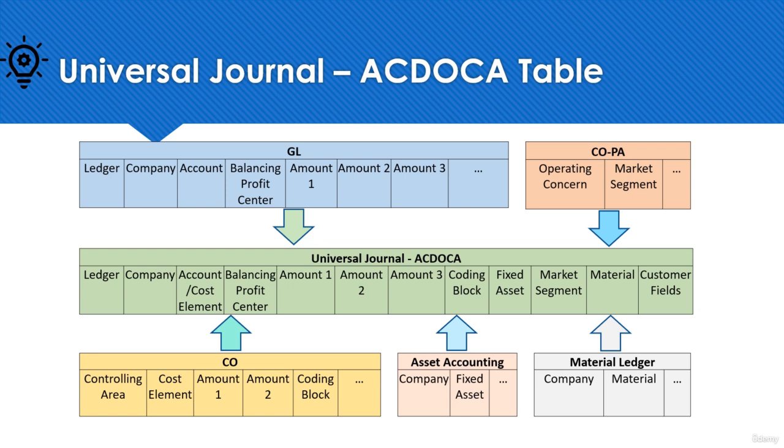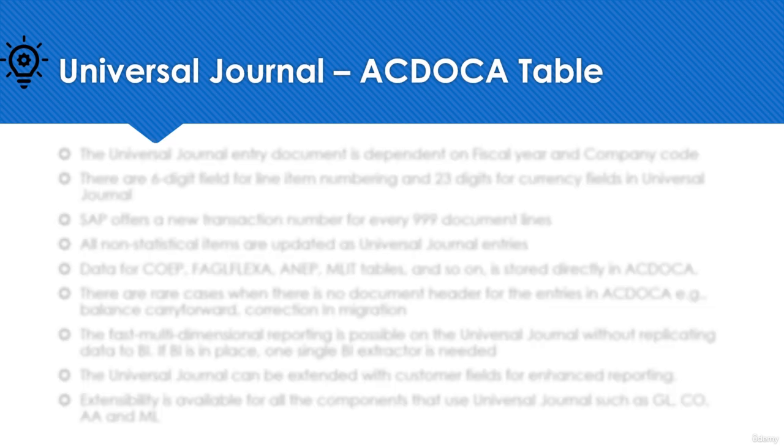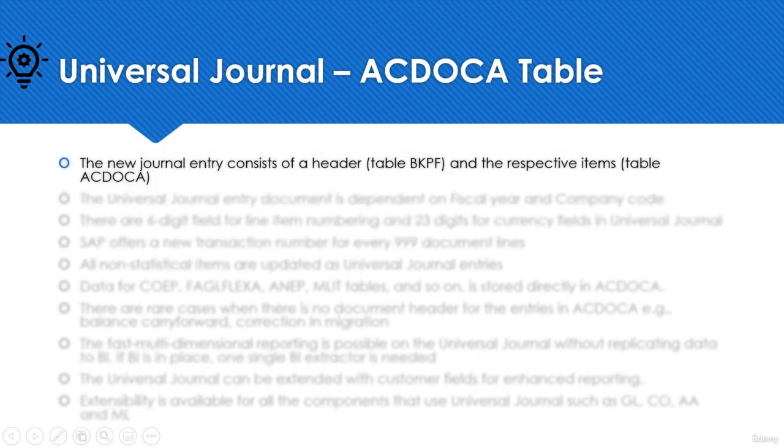Next, I will give you information about general data information, that how the data looks in ACDOCA. The new journal entry consists of a header, which is table BKPF, and the respective items, which is table ACDOCA.